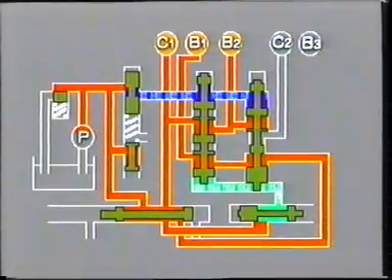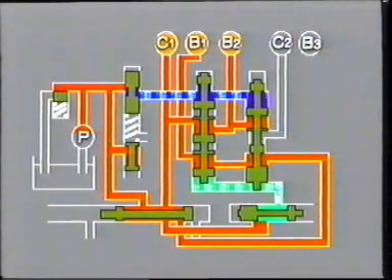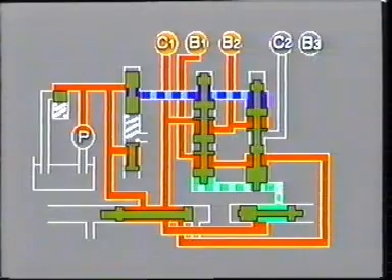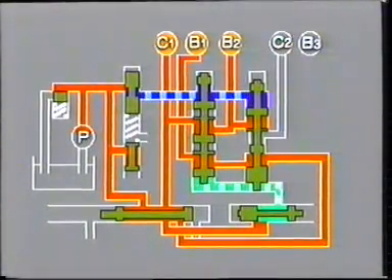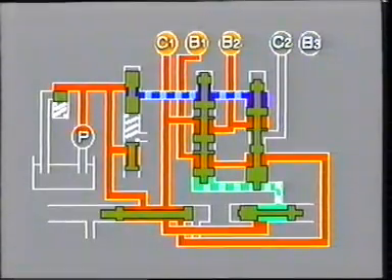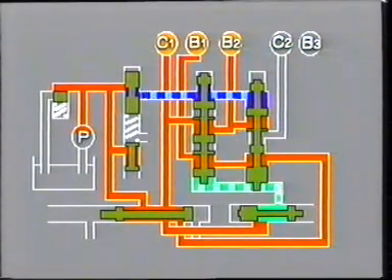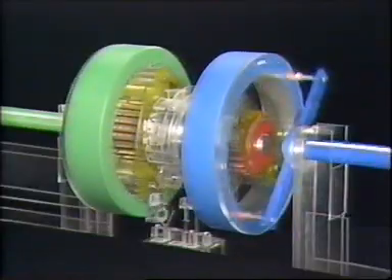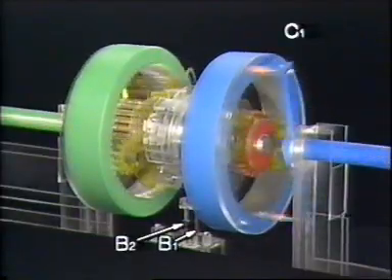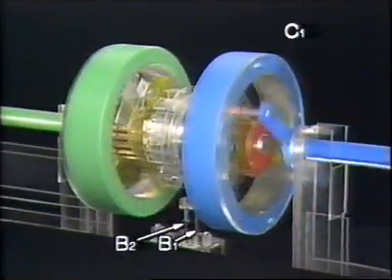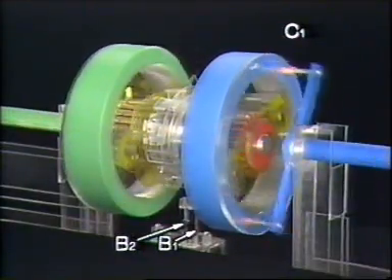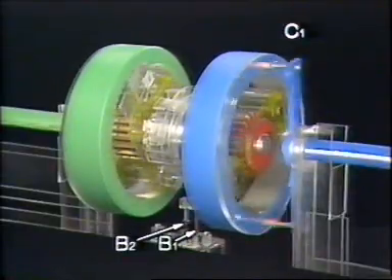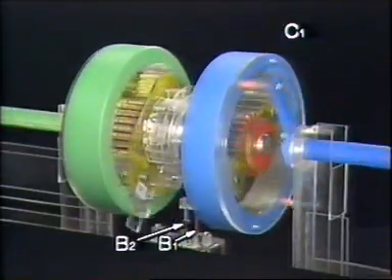In 2 range, the transmission cannot upshift into third gear even if the speed of the vehicle increases, because the manual valve is allowing the line pressure to act on the middle of the 2-3 shift valve. In second gear of the 2 range, the sun gear is prevented from turning in either direction by brake B1, so engine braking occurs.